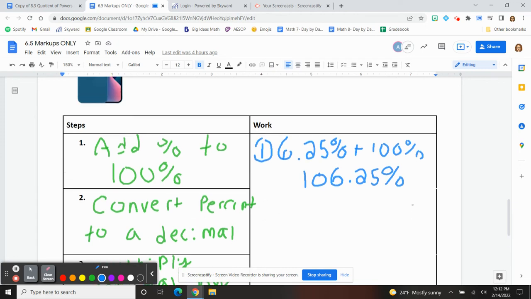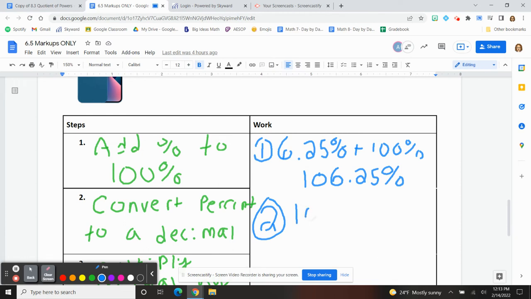Step 2. What do we do with step 2? Maddie. So we got to convert 106.25% into a decimal. How do we do that, Maddie? So boom, all we got to move is the decimal places 2 to the left.